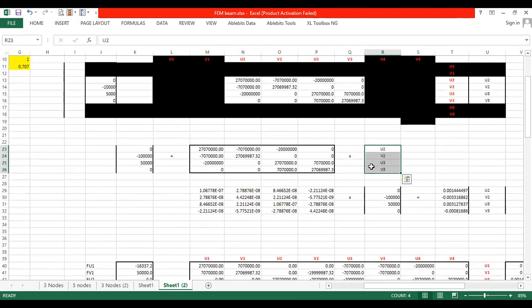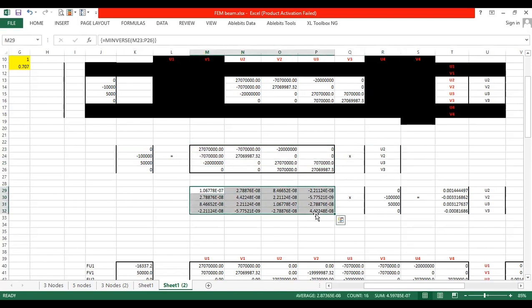These are the unknown displacements. So if you multiply this force matrix by this stiffness matrix inverse, you will get the displacement. That's what I did. So this is the inverse matrix. How to get it is also 4 by 4. So I take MINVERSE of this matrix and control shift enter, right?